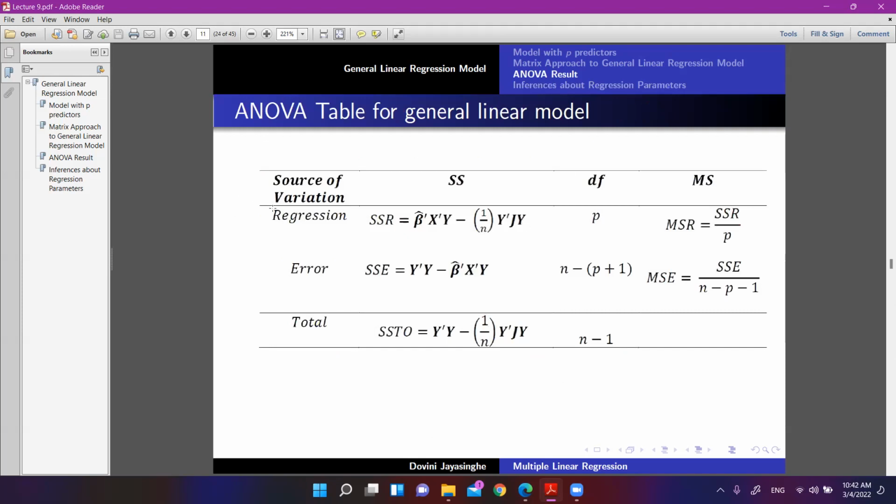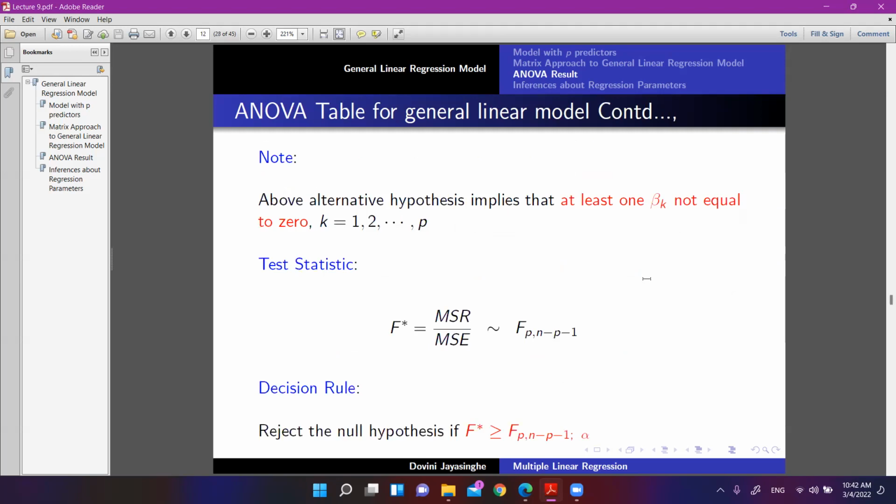All the X's are included in this one. We don't have a separate source of variation for each and every X here. In software, they give the breakdown of this. We are not going to compute that, and then and there you can find what are the significant variables.